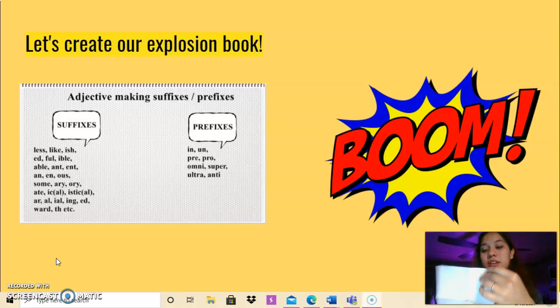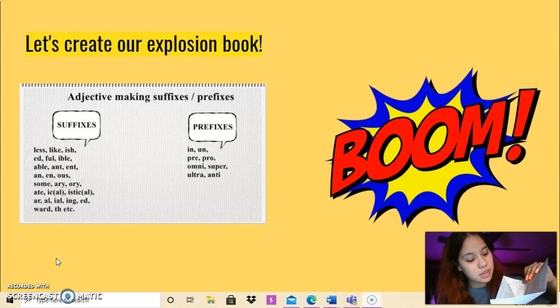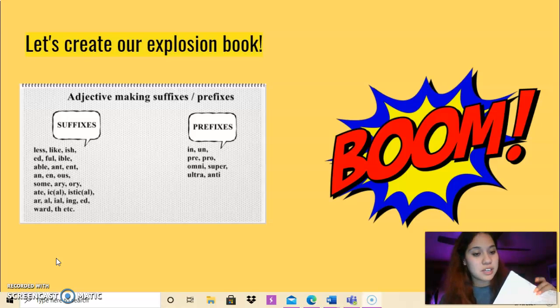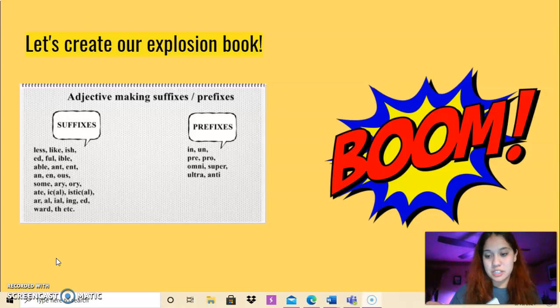And on this one over here, we have the root words photo and geo, which you will write down 3 words using. For example, I wrote down photograph, which means light, and for geo, I wrote down geography, which means the study of the earth.